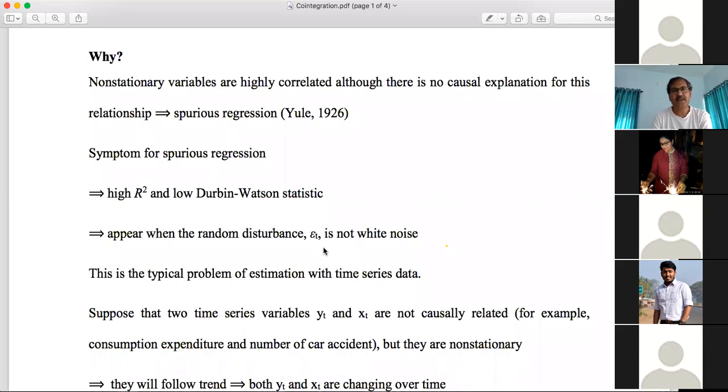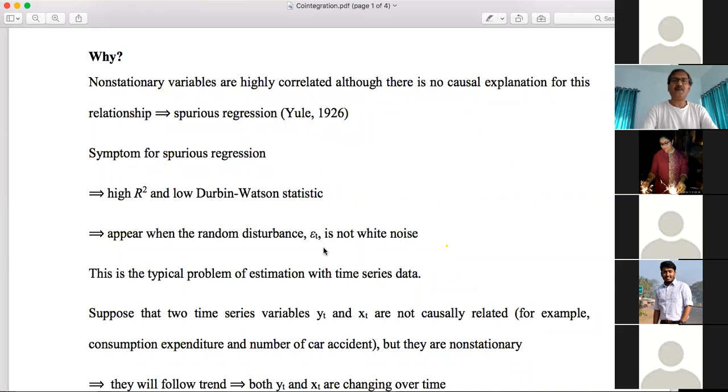So in a linear regression model, you will get a meaningful result if these assumptions are fulfilled, that is, when the error epsilon t is white noise, purely random. But if the error is not purely random, if the error is non-stationary, if the error contains a unit root, then you will get a spurious or nonsense result.